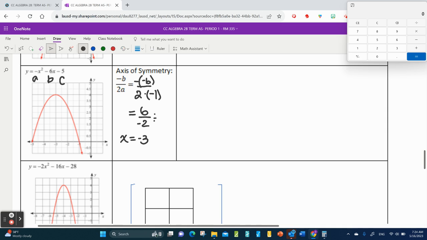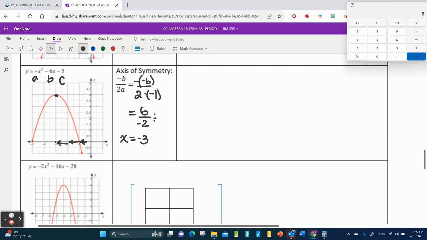Now, if I check my parabola and I look along the x, I'm going to find that I do have to go across to the -3. So that would mean I have 1, I have 2, and I have 3. Okay, so now the goal is to prove that my other point along the y is going to be here at 4 so that I can find the vertex.